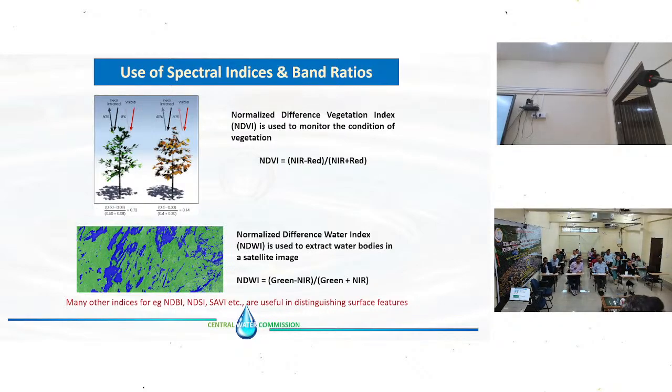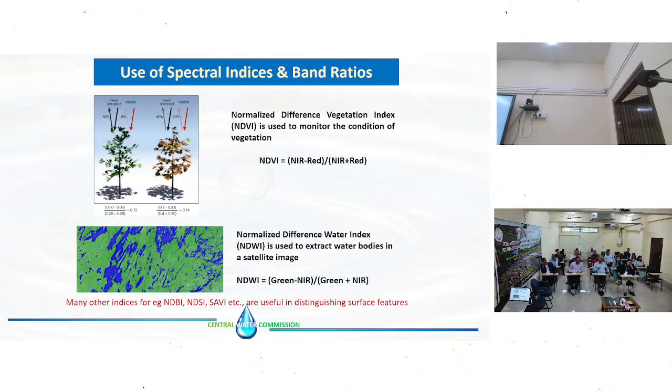We have many other indices, but NDVI is the most popular band index, where vegetation has high reflectance in NIR and low reflectance in red, for green vegetation. Like this is an example: 0.5 and 0.08... 0.50 minus 0.8 divided by 0.5 plus 0.8. The NDVI value is 0.72.